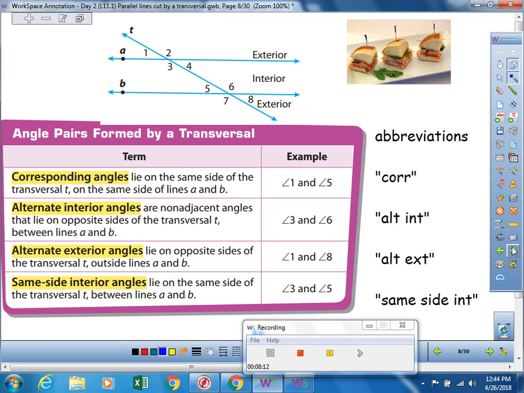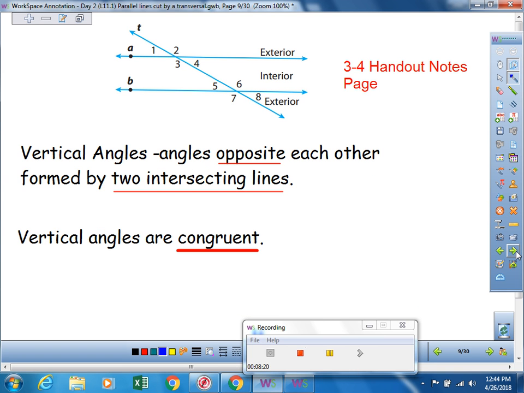All right, we're going to go over each angle and their abbreviations. So let's look at number 3 and 4 on the handout. Okay, the first one is vertical angles. Vertical angles are angles opposite each other, formed by two intersecting lines.